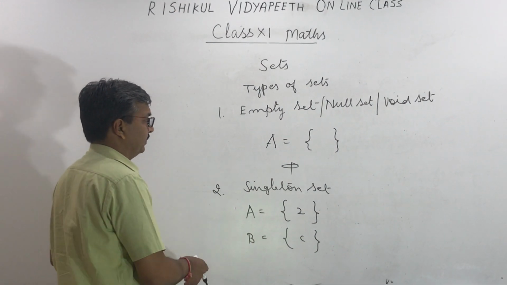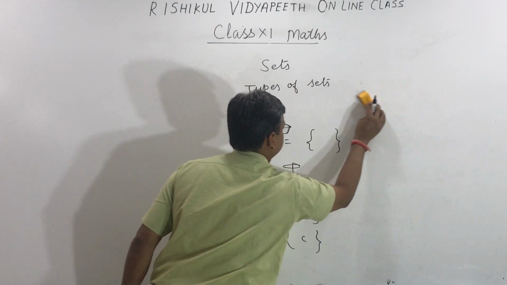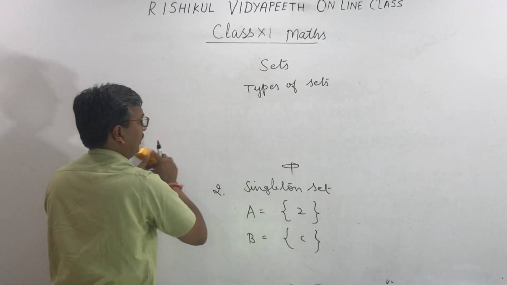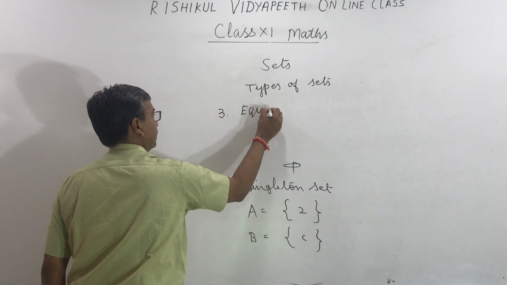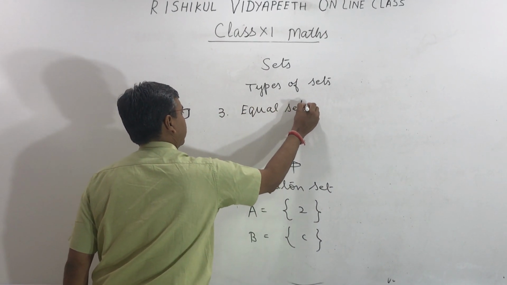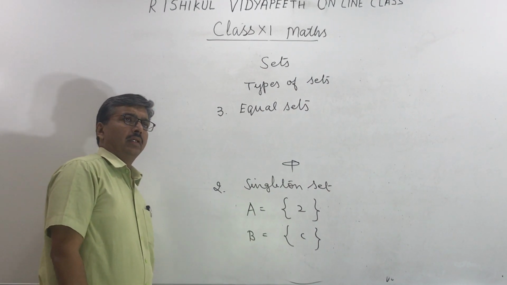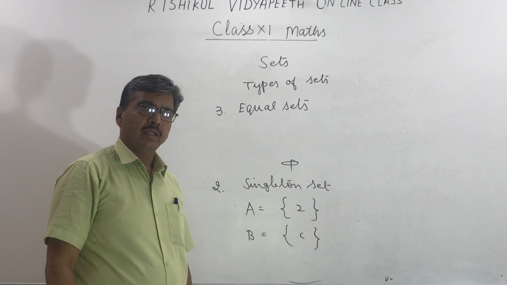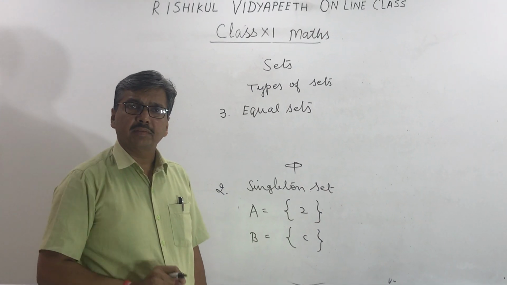Okay. Next, third, equal sets. Two sets are said to be equal if they have the same elements.